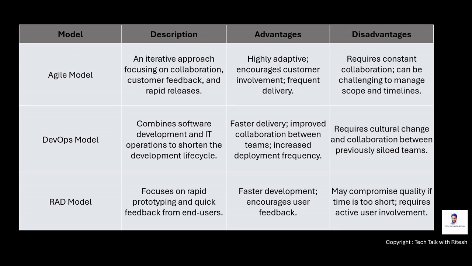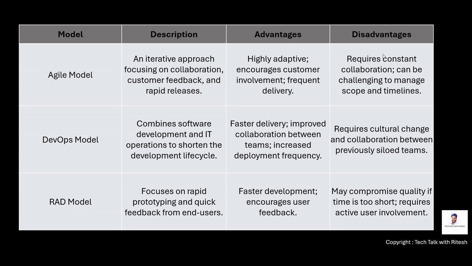Agile model advantages: it's highly adaptive, encourages customer involvement, frequent delivery. Advantages for the DevOps model: faster delivery, improved collaboration between teams, increased deployment frequency. And the RAD model: faster development, encourages user feedback. Disadvantages of these models are: for the agile model, it requires constant collaboration.